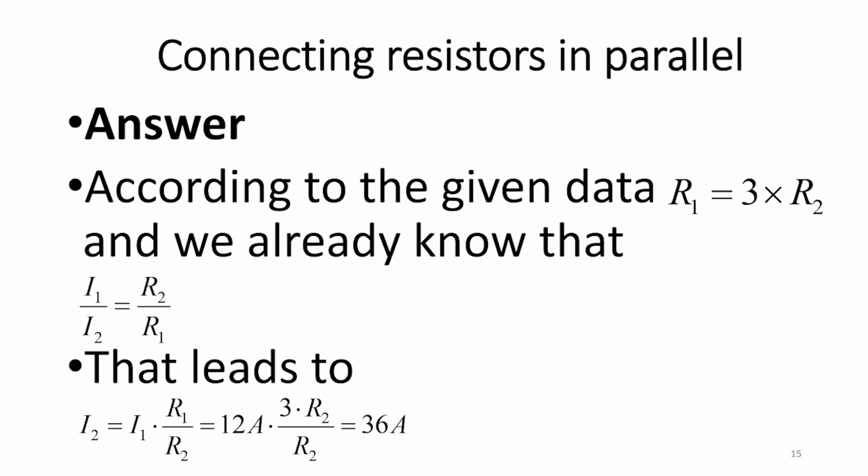Answer. According to the given data, R2 equals 3 times R1, and we already know that I1 over I2 equals R2 over R1. That leads to I2 equals I1 times R1 over R2, and in this case is equal to 12 amps times R1 divided by 3 times R1, and in total it gives 4 amps for I2.